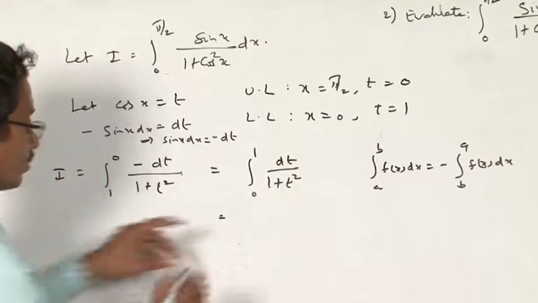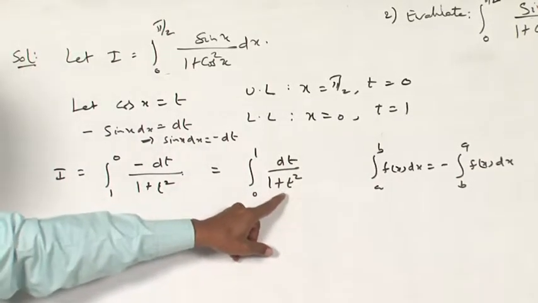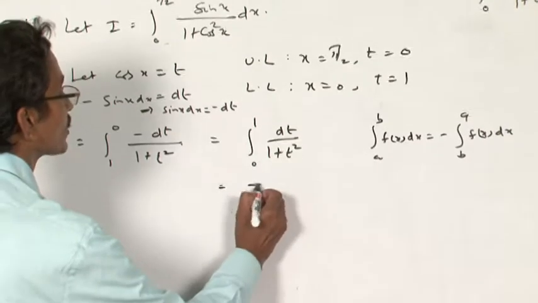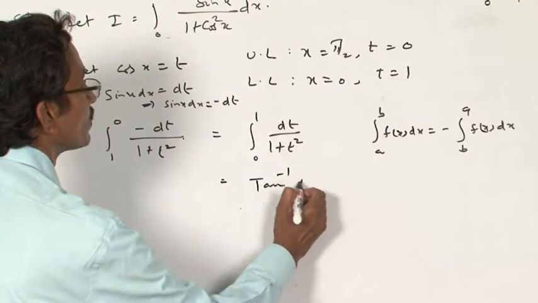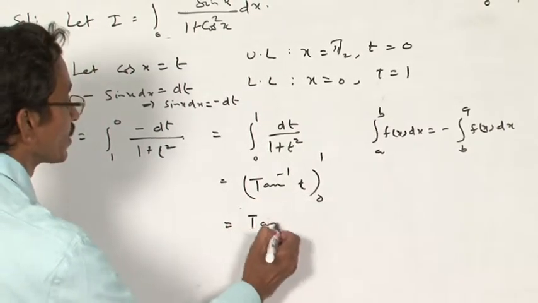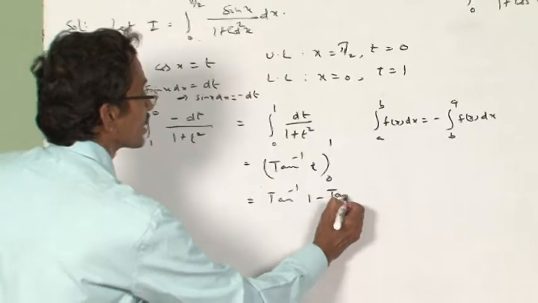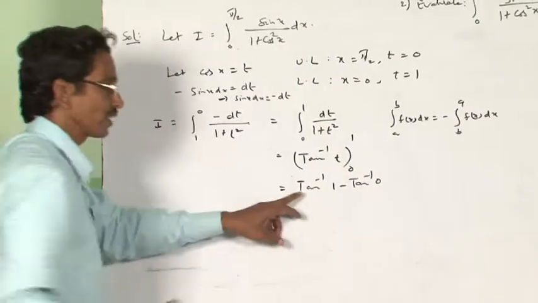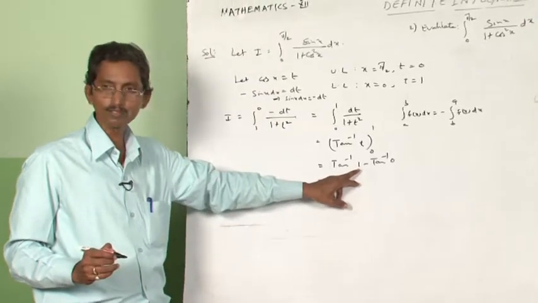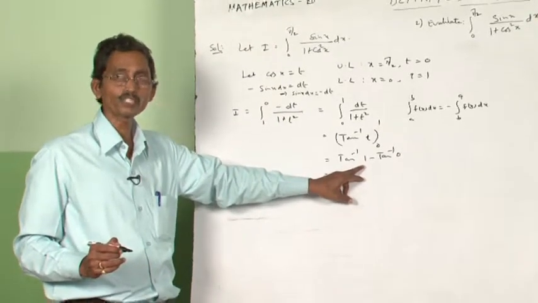So, this is the integral of 1 by 1 plus t square. We know that the integral of 1 by 1 plus t square is tan inverse t. So, it is tan inverse t from 0 to 1. Now, applying limits, it is tan inverse 1 minus tan inverse 0. Tan inverse 1: by what value does tan become equal to 1? That is tan pi by 4 is equal to 1.